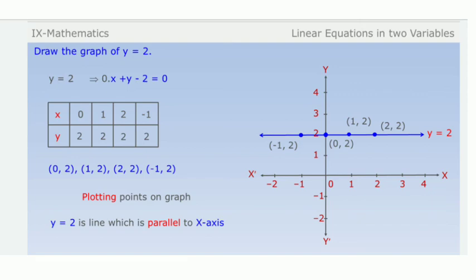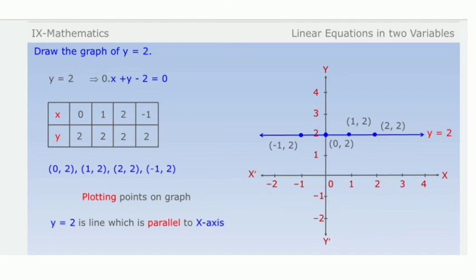Then the next point is 2, 2. Where is 2? On the x-axis, and the y coordinate is also 2 on the y-axis. So the intersection point is here, 2, 2. The last point is minus 1, 2. Minus 1 is the x coordinate and 2 is the y coordinate.